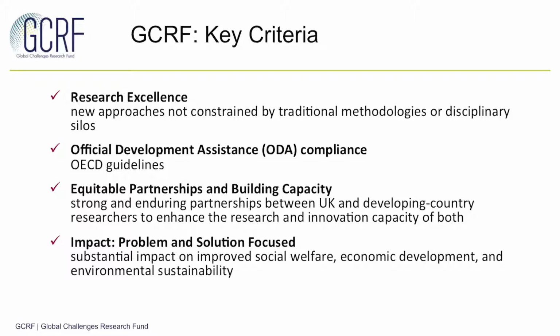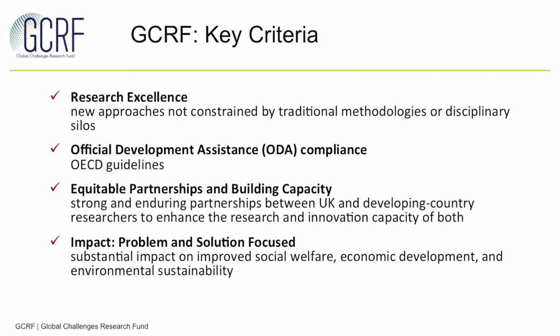To help in delivering against the GCRF programmes that the Research Councils design, our Strategic Advisory Group have identified some core criteria which are used in all GCRF activities. These include research excellence, official development assistance compliance, which should be thought of not just as an administrative requirement, but also as a philosophy underpinning the development of your programmes more generally.